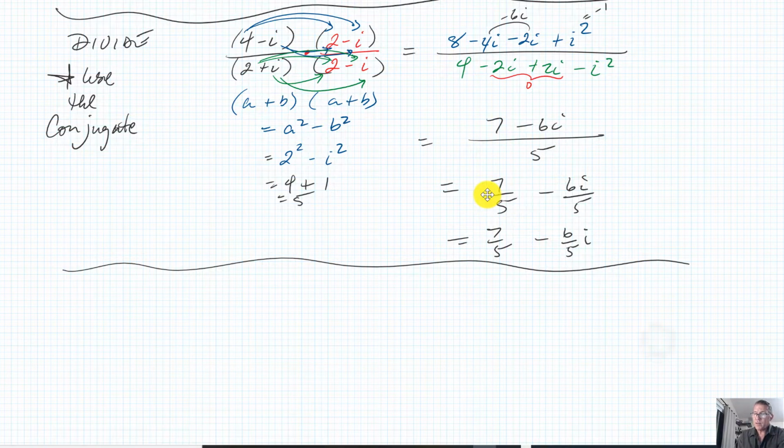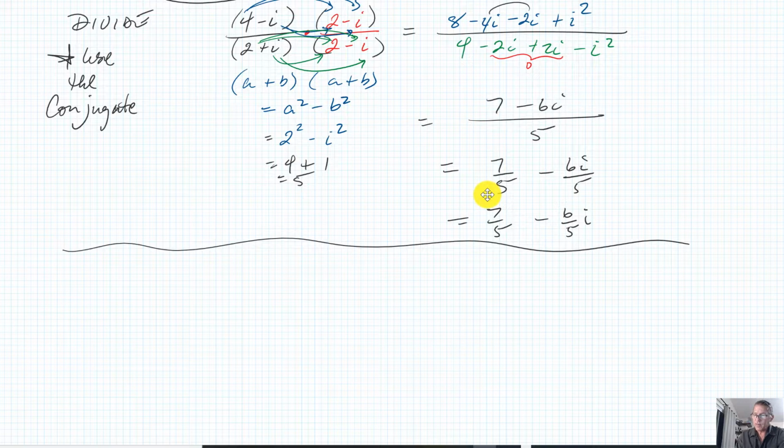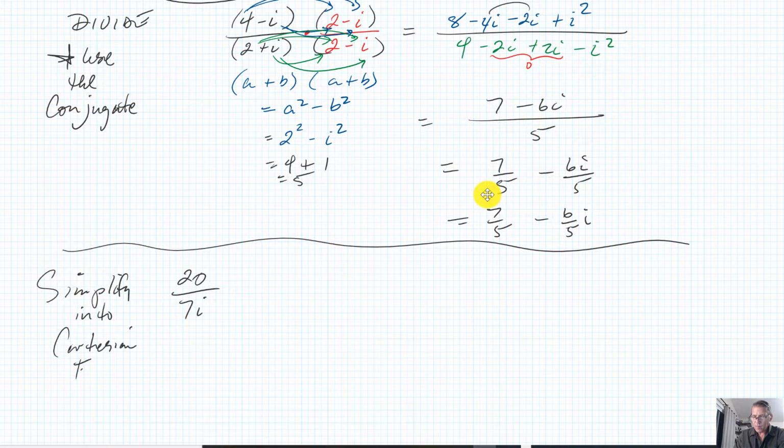Now, let's do something a little bit easier than this one. Let's suppose I divide 20 by 7i. I'm just going to make another one. And I want to simplify and get it in Cartesian form, because this is not in a plus bi form.